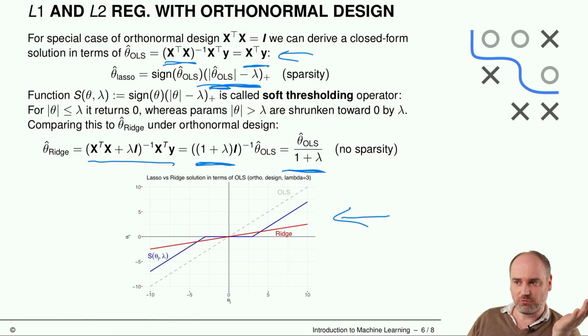We just divide every estimated parameter value by 1 plus lambda. So the larger lambda becomes, the smaller the resulting Ridge estimator under this transformation. I've visualized this here below, where you can see, what do we have here?